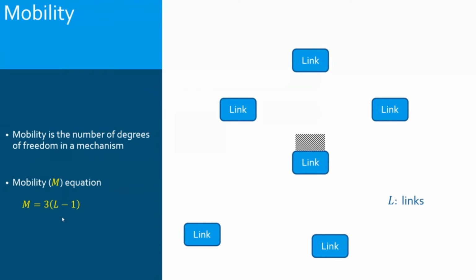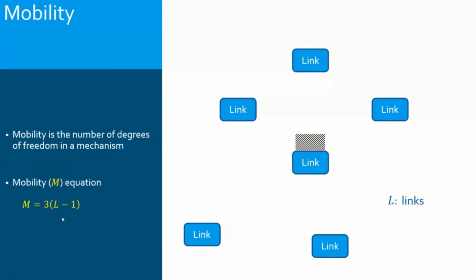Because now the mechanism will work together. When I say there is a remaining 1 degree of freedom, it is not necessarily in one link. So the ground will consume 3. Now I have 3 times L minus 1, but I need to see this one as a whole mechanical system. It's not necessarily available in one link and not other.